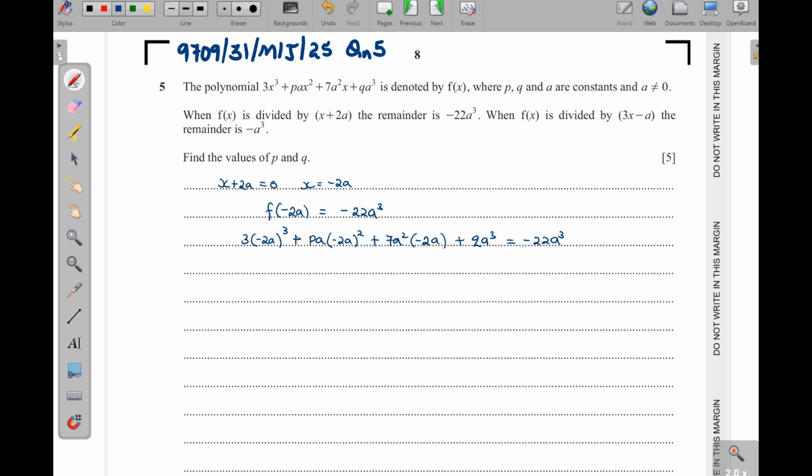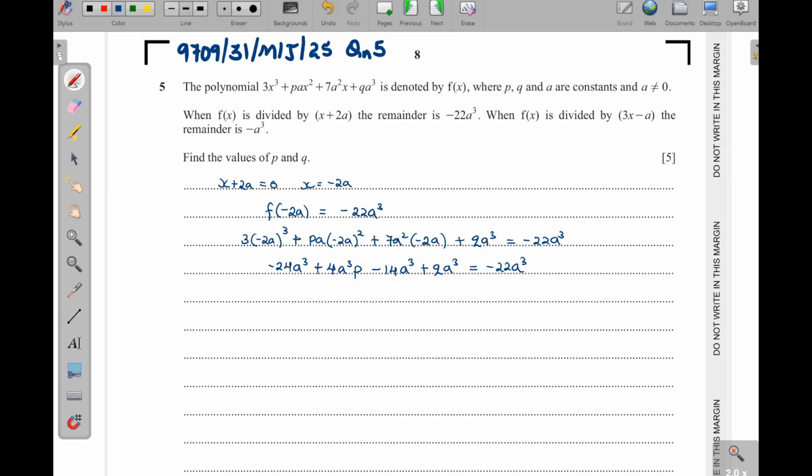And then when we try to simplify, an odd power of a negative is always a negative, so negative 2 power 3 is negative 8, times 3, that will be negative 24 a cubed. This one will be a positive, because an even power of a negative is always a positive, so we have 4 a cubed p, then minus 14 a cubed, then plus q a cubed is equal to negative 22 a cubed.